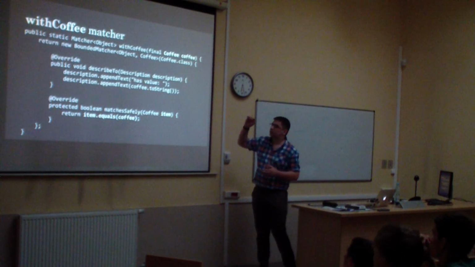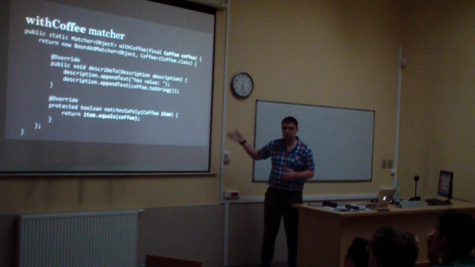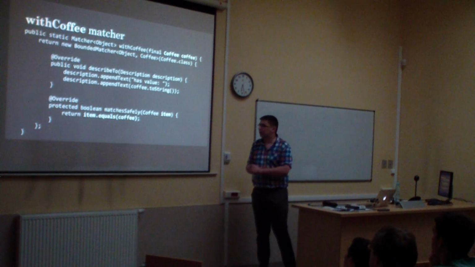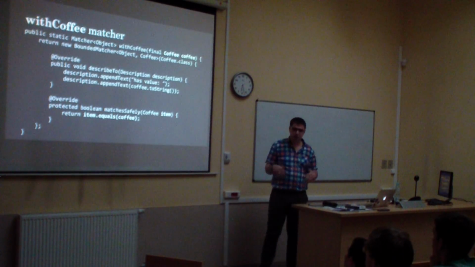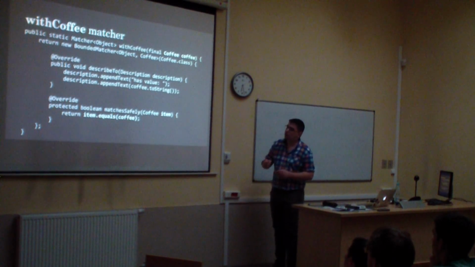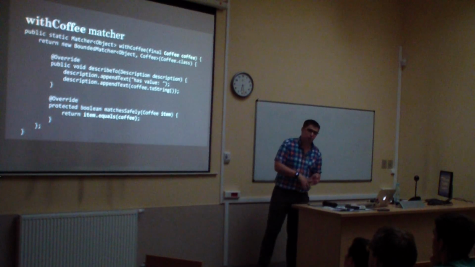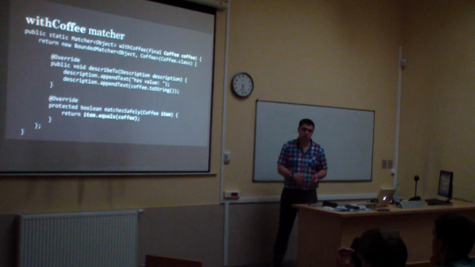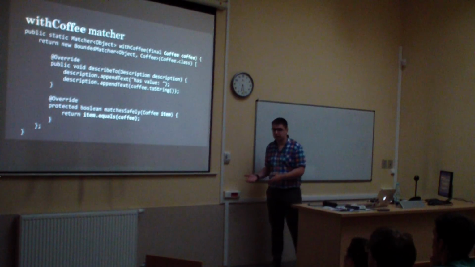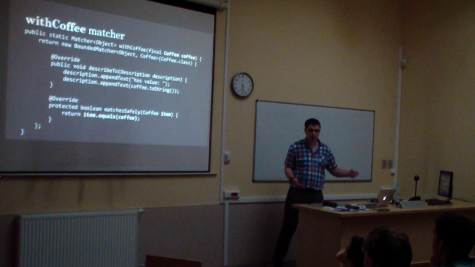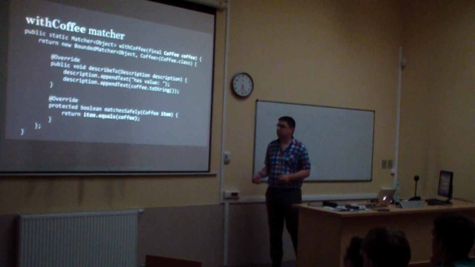The same describeTo method, and matchesSafely for the match result. For example, we can use a preference matcher, we can use a root matcher, view matchers for different types of objects. Of course, if we talk about layout, we must verify some layout hierarchy.